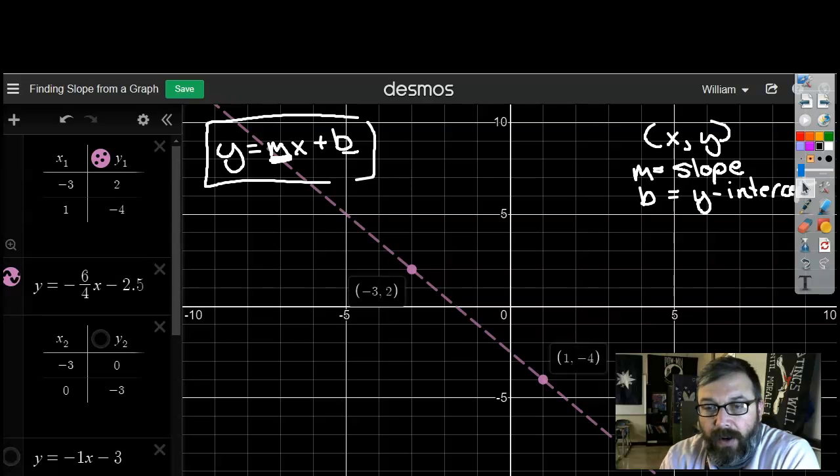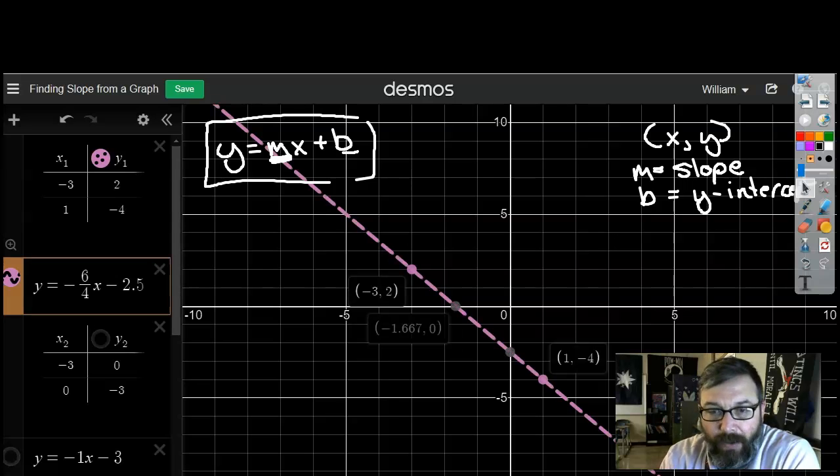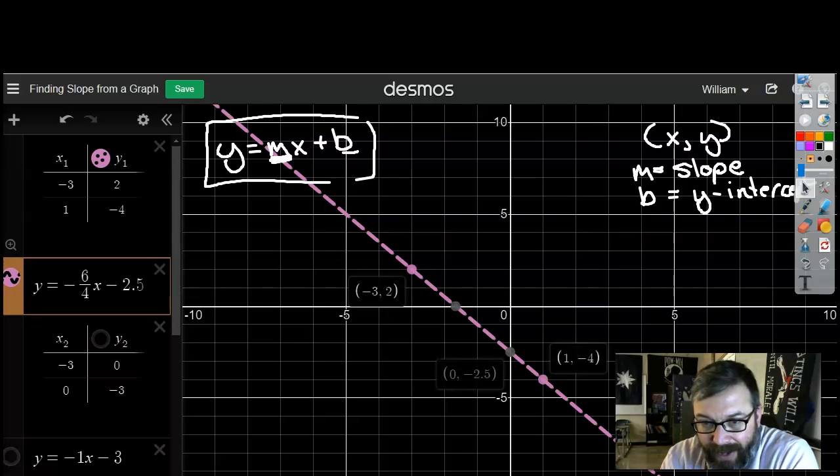Because if I go elsewhere on this, it's, look at that, 1.6670. I'm not going to be able to tell exactly what that number is. So I need to stick with the known numbers. And then I've got this one too, (0, -2.5). I could guess that it was 2.5, but I don't know it's 2.5. So when they give you these points, use the points because we know it's there.